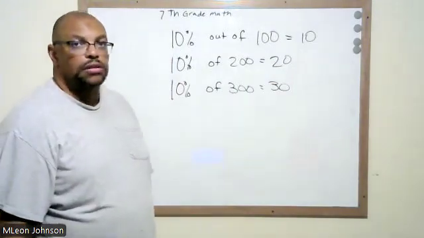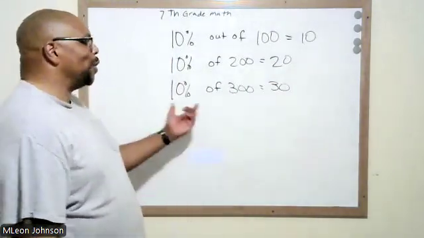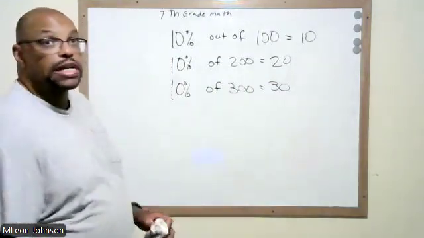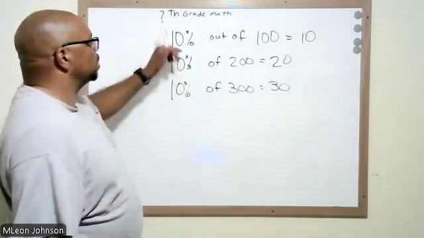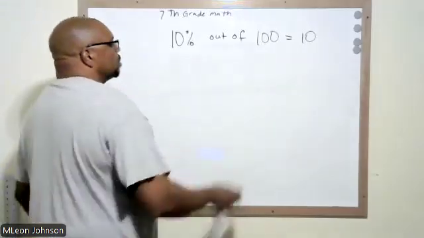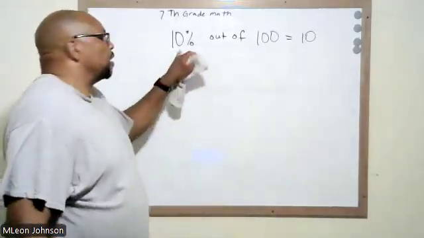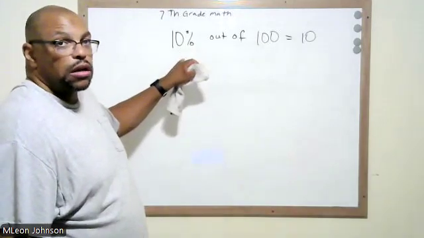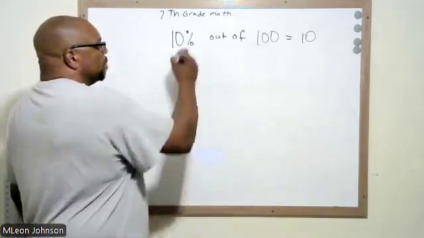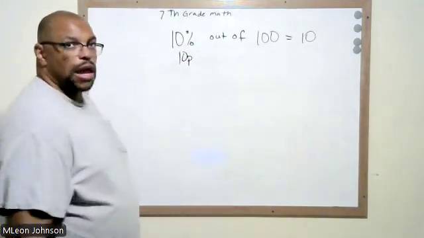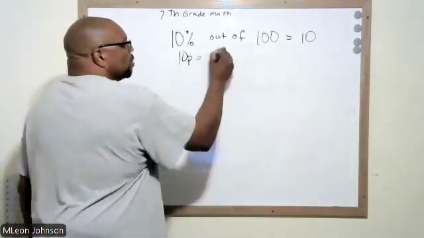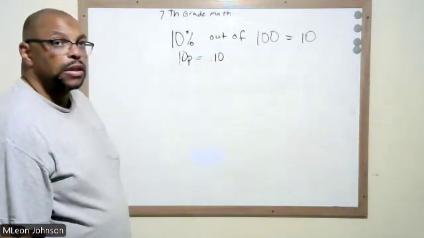So now some of you are like, well, how do we know that's what that is? Okay, well, I grant you that. Let's go ahead and test it. So we're going to test the 10% out of 100. So I'm going to erase this part. In our last part of our video, we were talking about 10%. 10 pennies, remember that? Remember I put the 10 P? And what did that look like? It looked like 0.10.